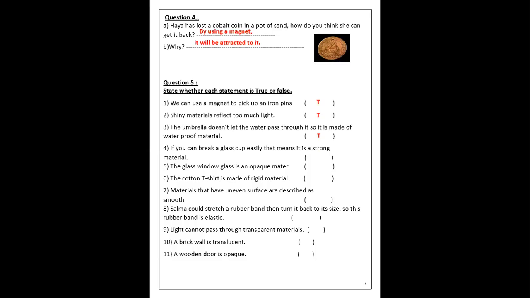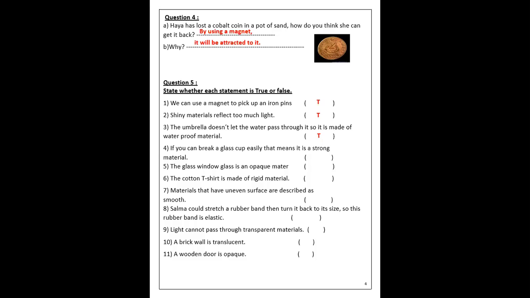Yes. Number 4. If you can break a glass cup easily, that means it's a strong material. So here, what does it mean by strong material? Strong material is the material that is difficult to break, right?